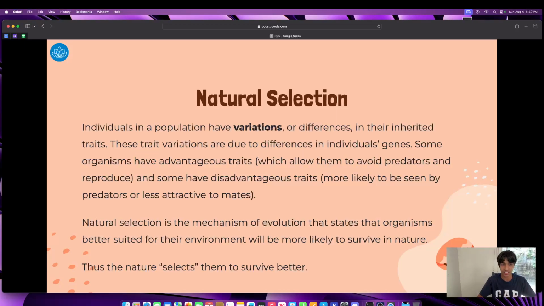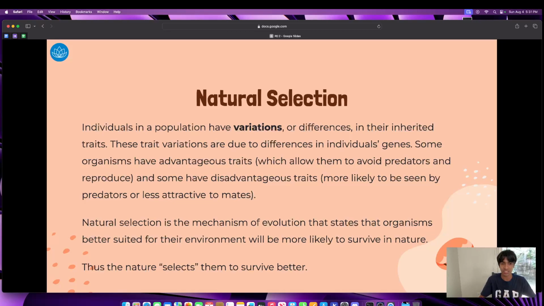So natural selection is basically when individuals in a population have variations or differences in their inherited traits. These trait variations are due to differences in an individual's genes. Some organisms have advantageous traits which allow them to avoid predators and reproduce, and some have disadvantageous traits which make the organism more likely to be seen by predators or less attractive to mates.